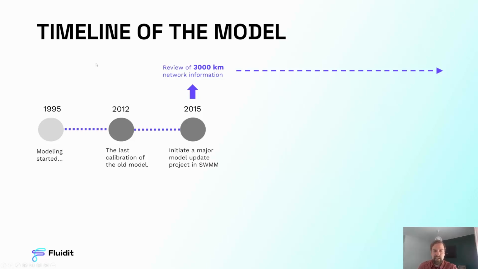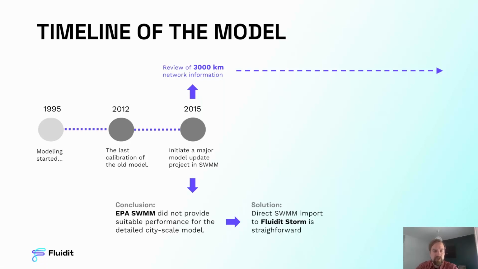Also, in that same moment when they started the upgrade project, they tried the EPA SWMM approach as a free software and so on. But it turned out quite quickly that with this scale of a model, the whole city network, it didn't provide a suitable performance for this kind of application. And then they started looking for alternatives, and since SWMM models can be imported directly to Fluidit software, it was quite straightforward to check how this could work.